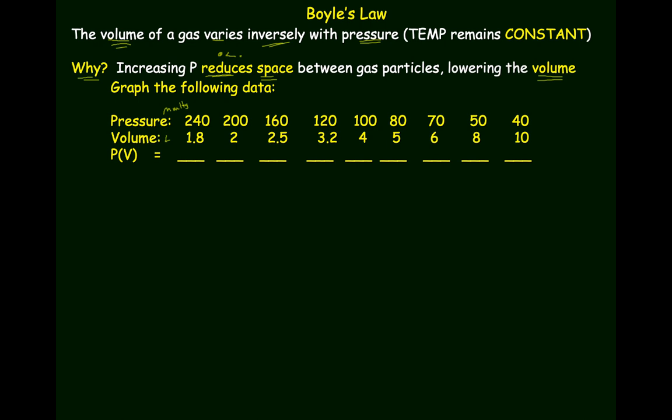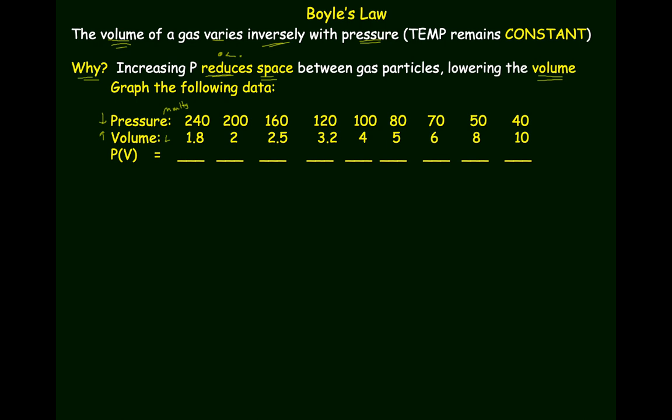As you reduce that pressure, we allow that gas to expand, and you can see the volume of the gas becomes greater. As the pressure is going down, the volume is going up, and so on. If you go backwards, you can see the same thing. As you increase the pressure, you will see the volume go down.